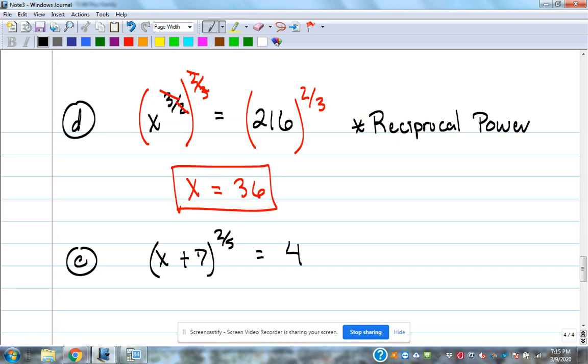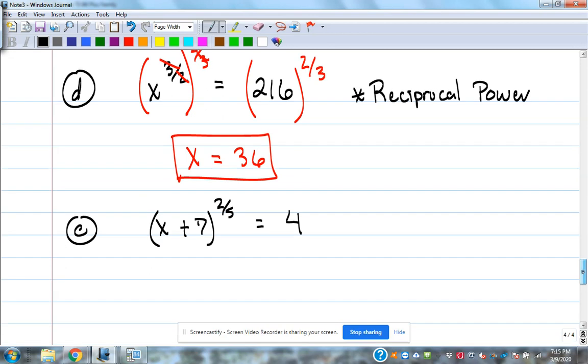So is the part with the rational exponent isolated? Is it on one side? Nothing else over there? Well, we got the x plus 7. It's in parentheses, so it's kind of contained. It's the part that has the rational exponent. The rational exponent is the 2/5. Okay, so it is isolated.